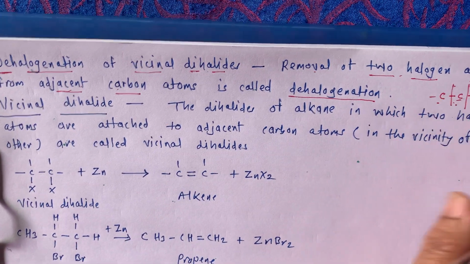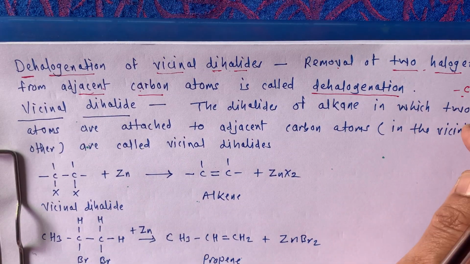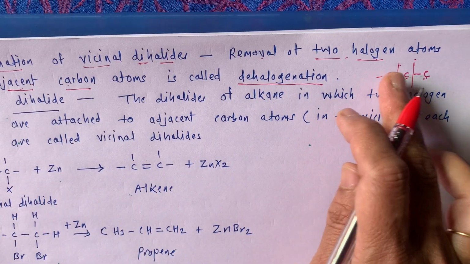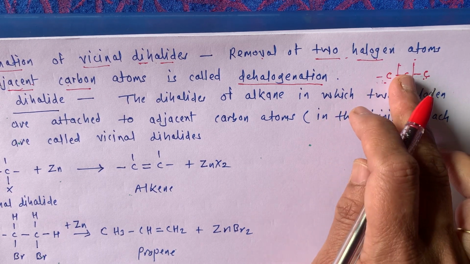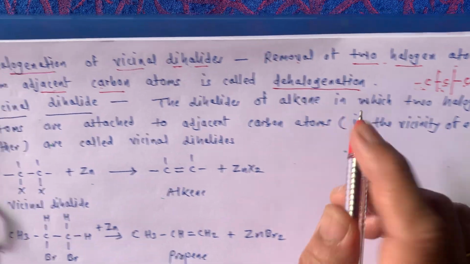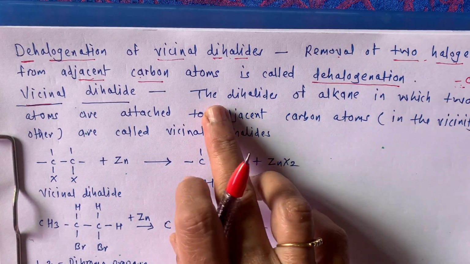It means when they are in the vicinity of each other, like this, next to, adjacent to each other, then they are called vicinal dihalides. What is it here?